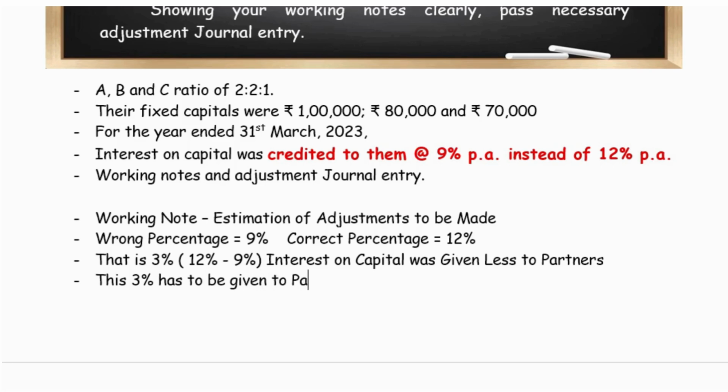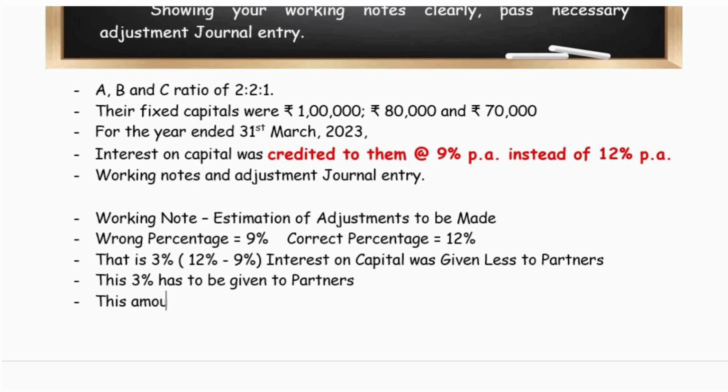given to partners now. And since this 3% was given less to the partners, this amount would have been with the firm, and the firm would have distributed this amount to the partners as a part of their profit in the profit sharing ratio.